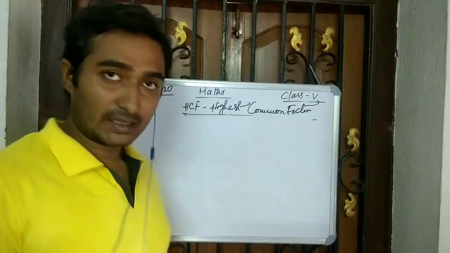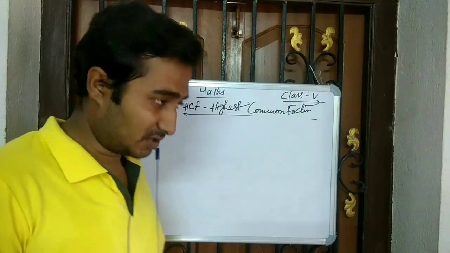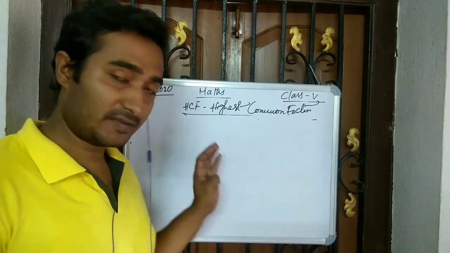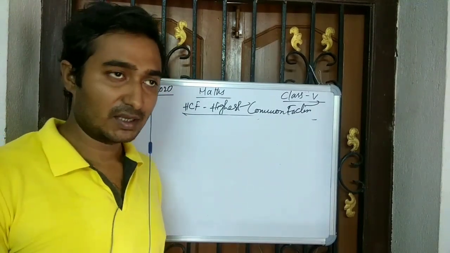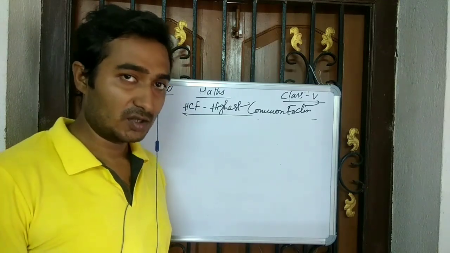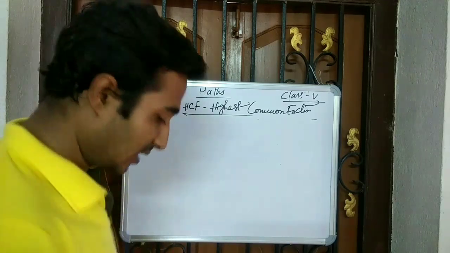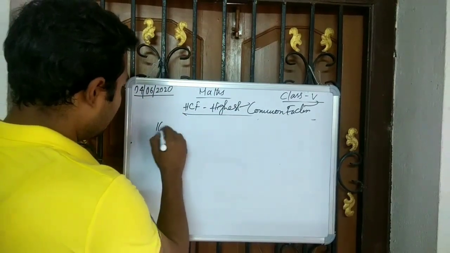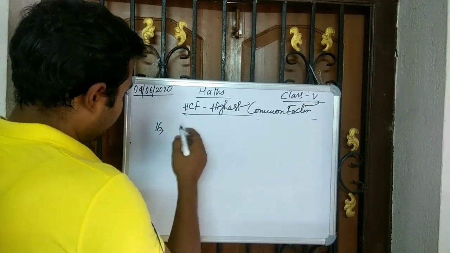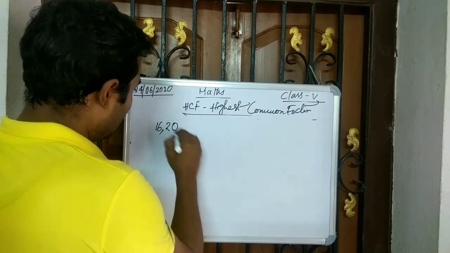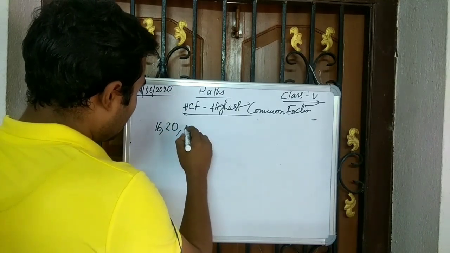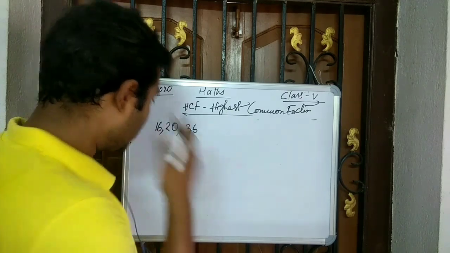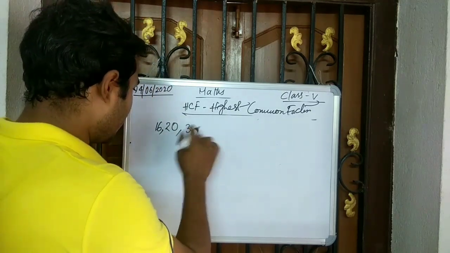The next is by prime factorization. The first method we learned was listing factors: first we listed the factors, then we found the HCF. Now, how to do it by prime factorization? Let's take another example, 16, 20 and 32 this time.